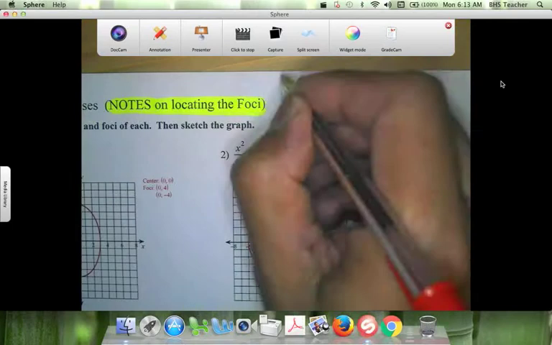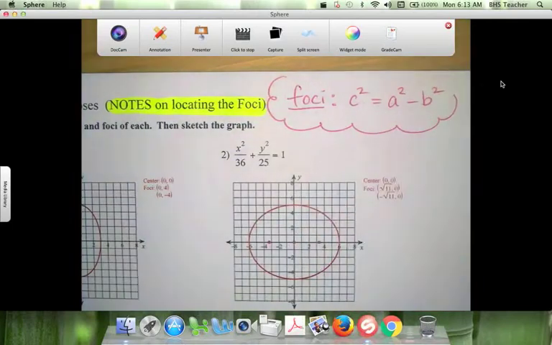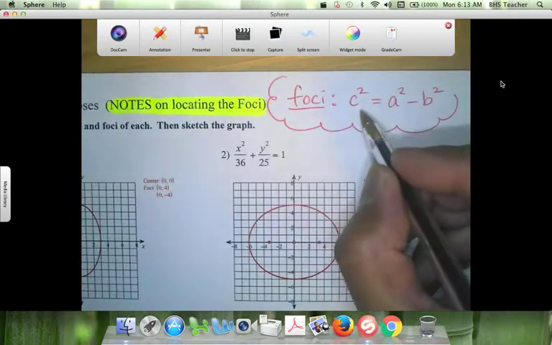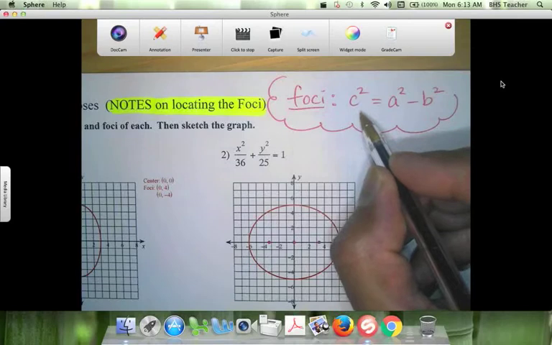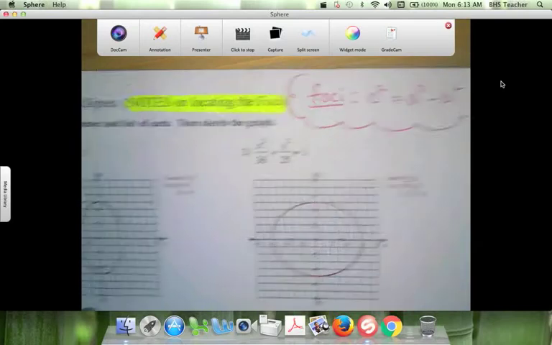That's the formula you're going to need to find the c value. The c value is what's going to help you locate these two focal points. Plural, it's foci.